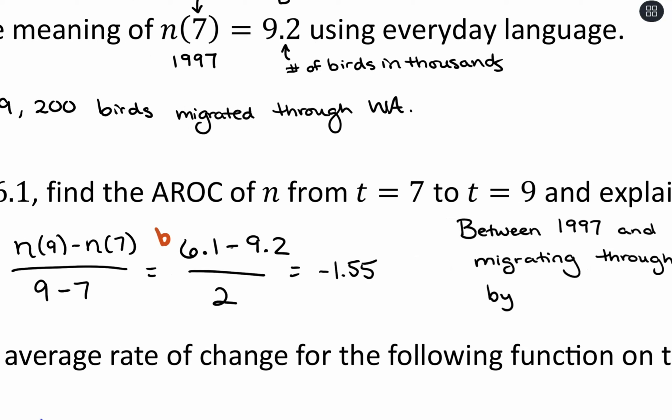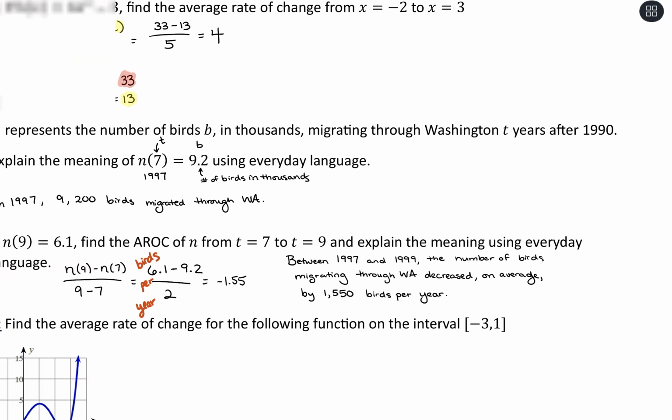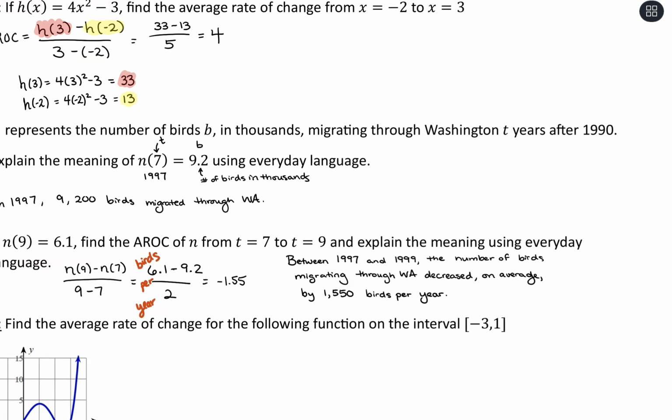Again, in the numerator we have birds, division is our per, and then in the denominator we were talking about years. So that would be 1,550 birds per year. Okay, so that's how we could form our sentence there. Again, increasing or decreasing is based on positive or negative. We're talking on average, and then we can form our rate by looking at how we set up our fraction there.